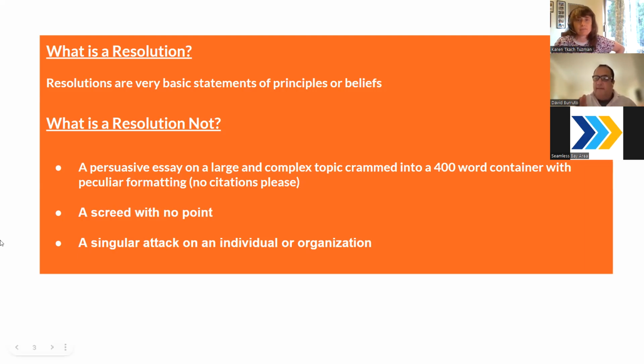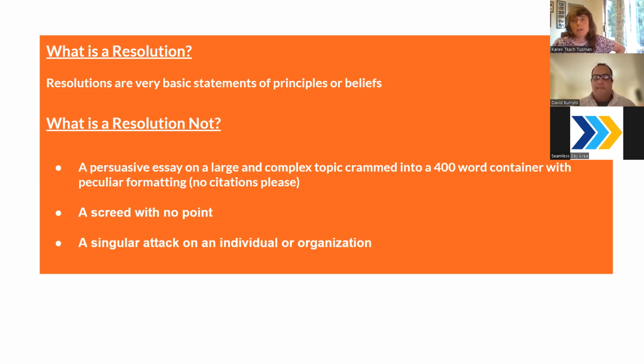It's really a broad statement covering a topic, but it is not to necessarily be something academic or have citations or get into something expository that's overly complex. This is pretty simple stuff, very direct. And what it's also not is, for us, we don't attack people, we don't attack organizations, we talk about an issue.